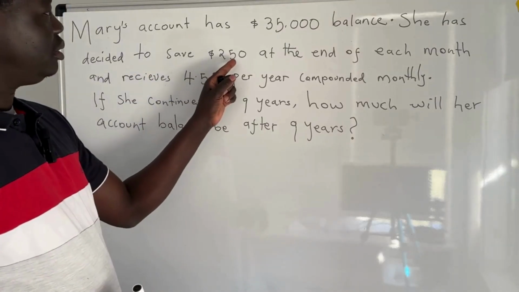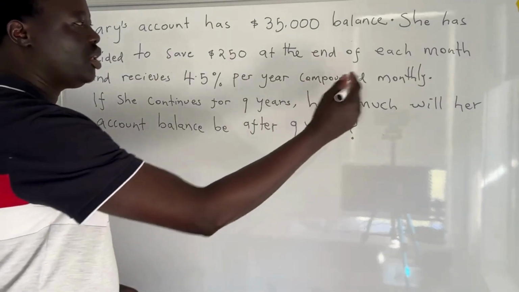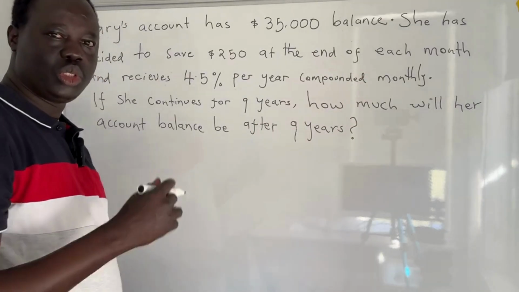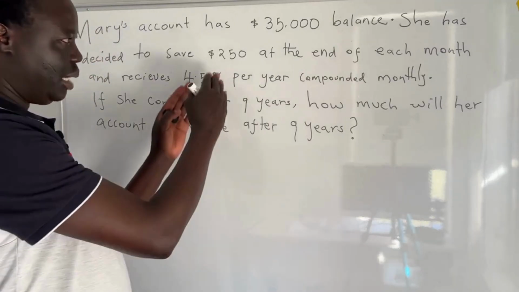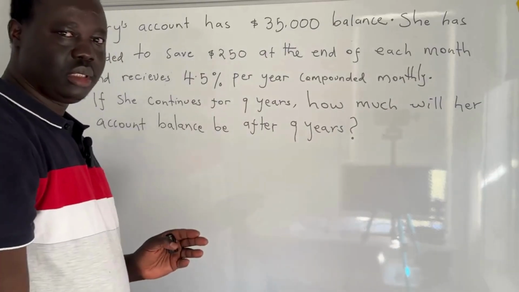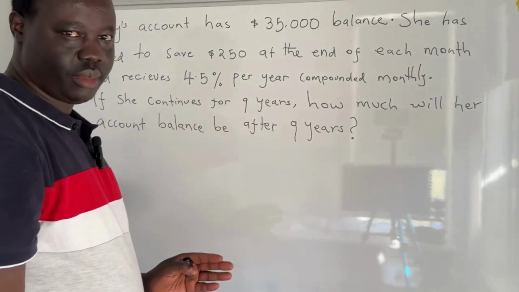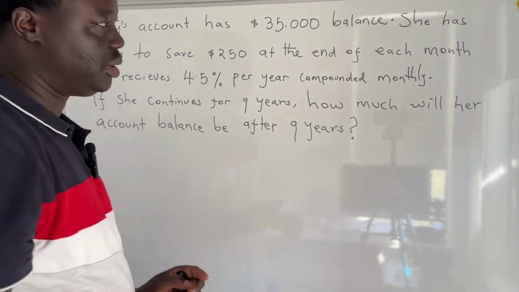This part of which you will be putting $250 at the end of each month is what we'll call annuity. When you have the same amount put in an account at equal interval, this forms an annuity. And we have different types of annuities.